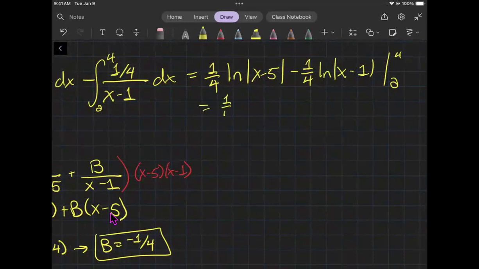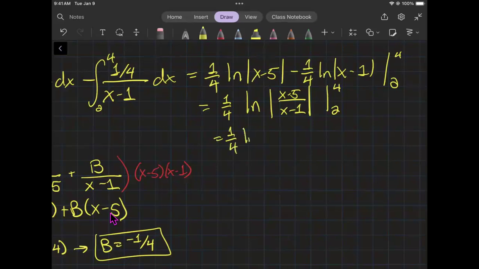So this equals 1/4 times the natural log of the absolute value of x minus 5 over x minus 1. Okay. And this goes from x equals 2 on up to x equals 4. So this is 1/4 times the natural log of, so the absolute value of negative 1 over negative 3, so 1/3.